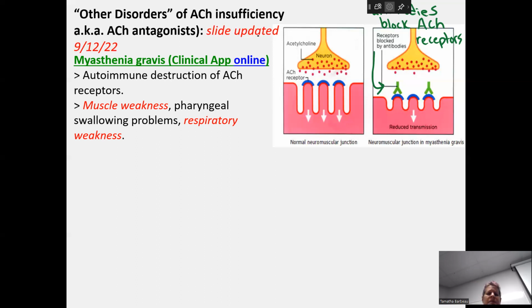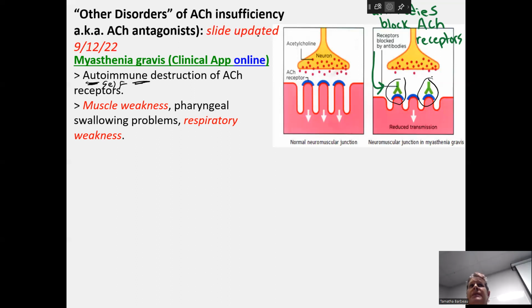All right. So your immune system: auto is self, and immune is your immune system, going after self, destroying the receptors. Here's an antibody attacking a receptor. Here's another one. So once a person's diagnosed with an autoimmune disorder like this, I asked you this question before. What would be a good treatment for someone with an autoimmune disorder where their immune system is going after itself?